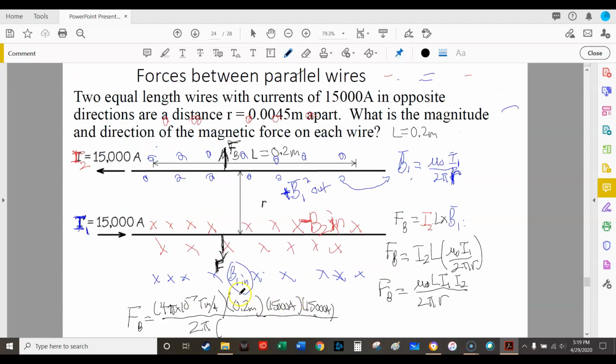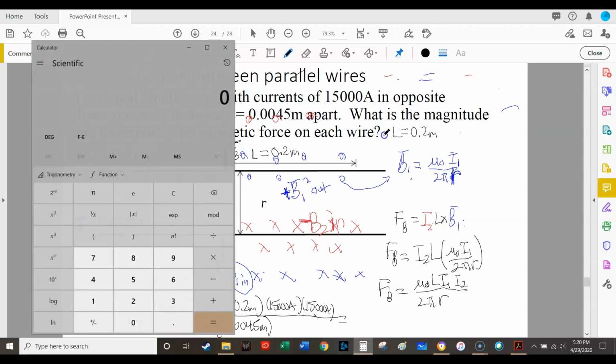The distance d apart, or distance r apart rather, is 0.0045 meters. Okay, so I'm going to multiply all that together. Just simplify 2 pi, 4 pi divided by 2 pi is just 2 times 10 to the negative 7th, right? So I'm going to plug this all into my calculator.